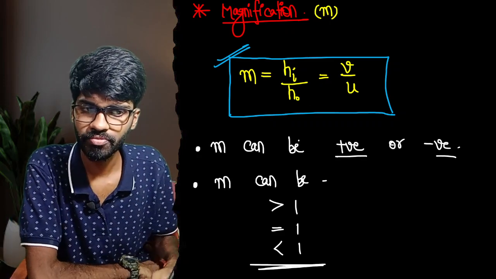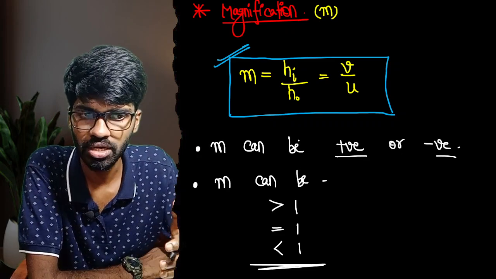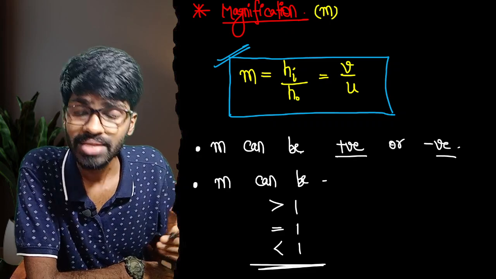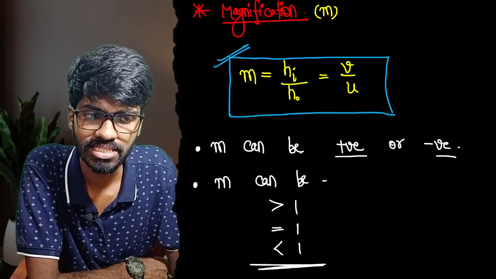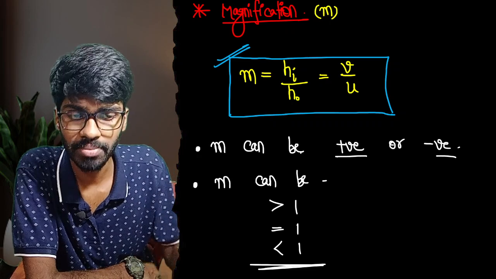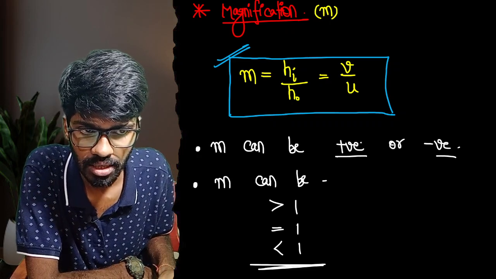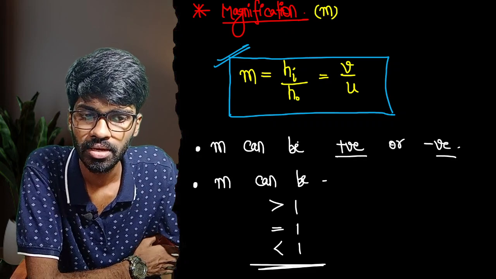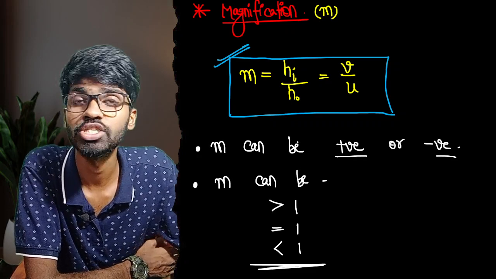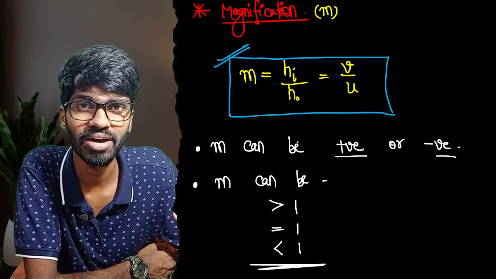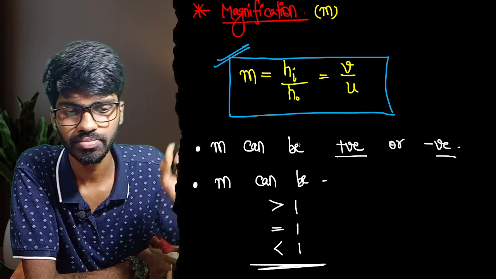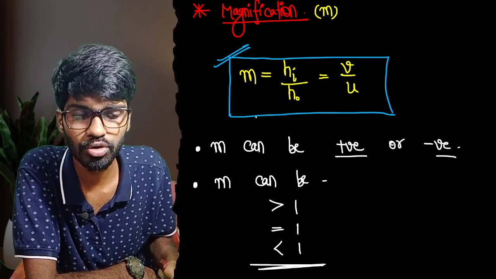Now, the important thing we should learn here is what the possible type of lens or nature of image could be just by seeing the magnification, if the question gives that the magnification of a lens is plus 0.5. What will we conclude in that situation?